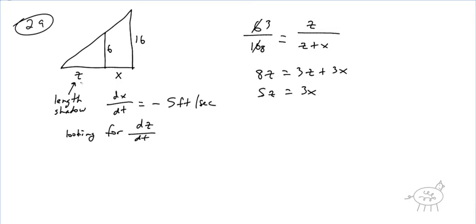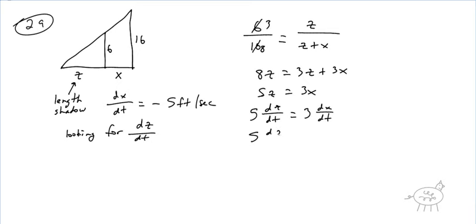So let's take the derivative of it because I know dx/dt. If I do that, I get 5 dz/dt equals 3 dx/dt, right? And I have all my information here.